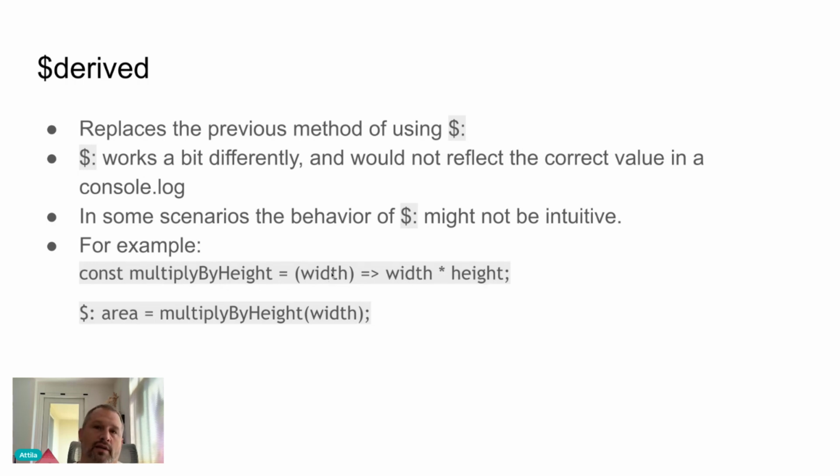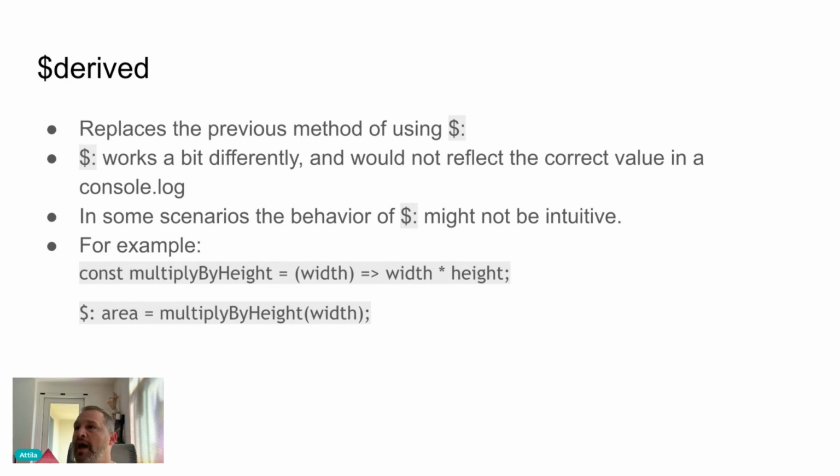Now, if I wrote this function, I'd make sure both of these values were parameters, but just bear with the example. In this reactive derived value of area, it will update the value when width changes, but because it doesn't look into the function and see that height is actually being used within it, it won't update if height updates.